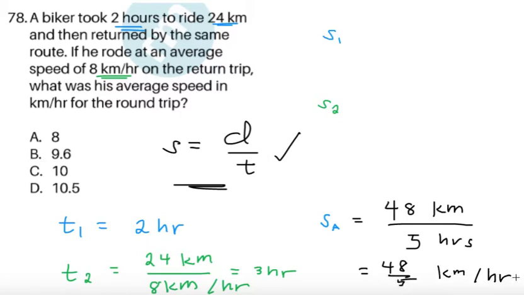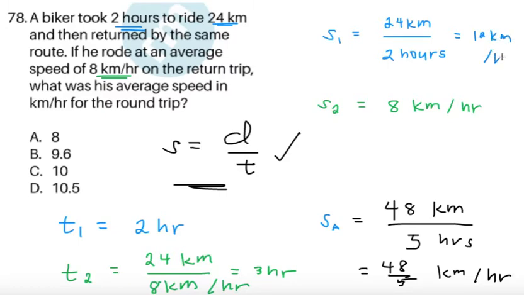Now, for the other method, we need the 2 speeds. We have S1, which is not given, but we can solve it via the formula distance, which is given, 24 kilometers, divided by the time. The biker took 2 hours for the first 24 kilometers, so the speed of the biker in the first part of the journey is 24 divided by 2, and that's 12 kilometers per hour.